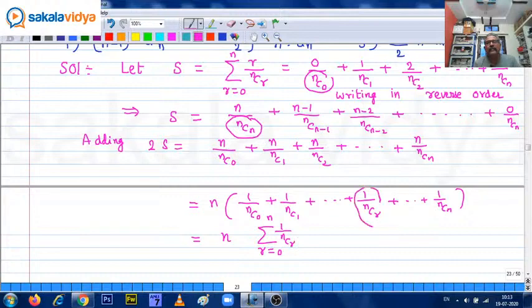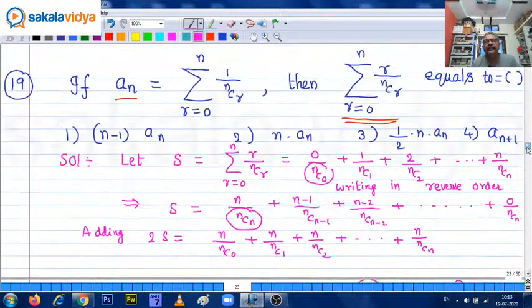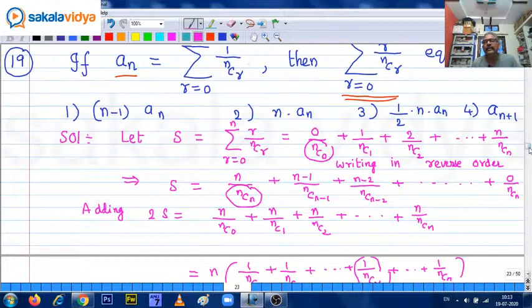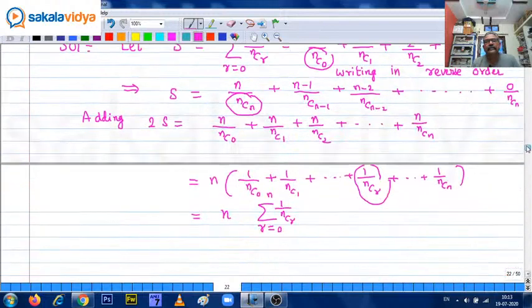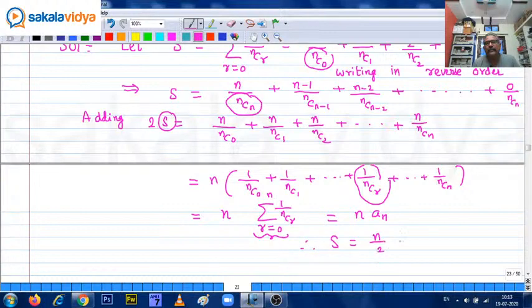From the given condition, sigma r is equal to 0 to n, 1 upon nCr is nothing but an. So this can be replaced by n times an, but we need the S value. Therefore, S is equal to n by 2 times an, or half times n times an. This is the answer.